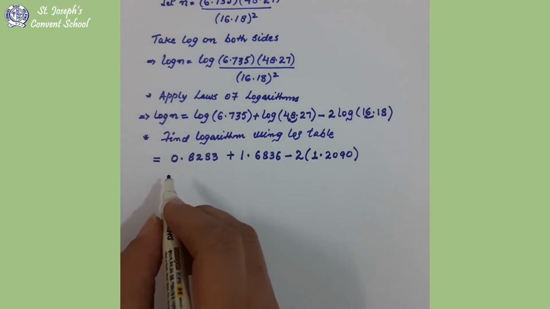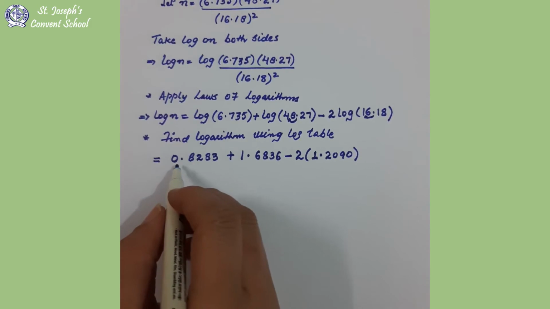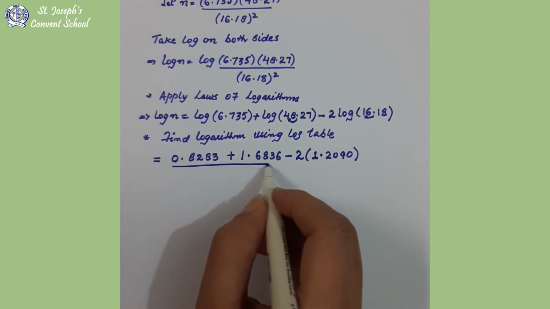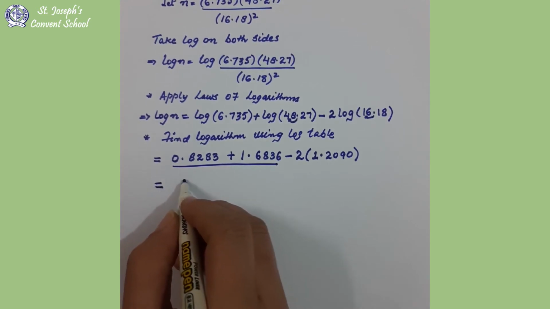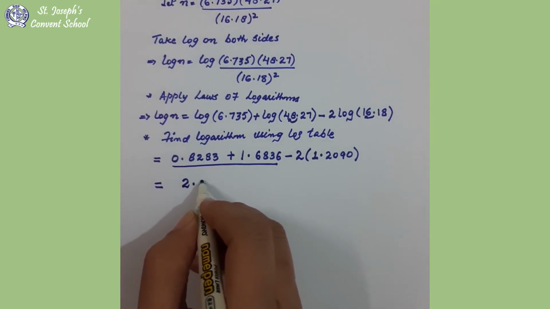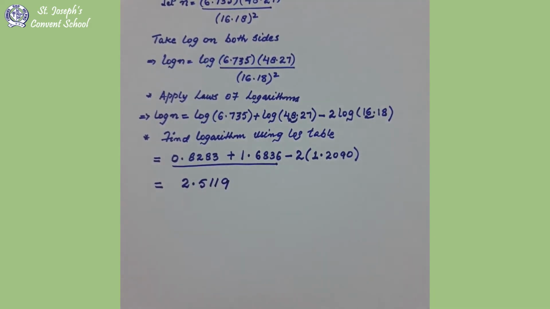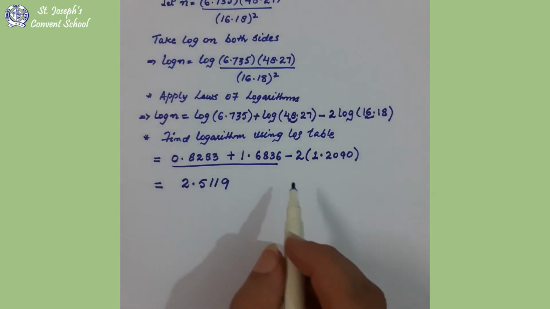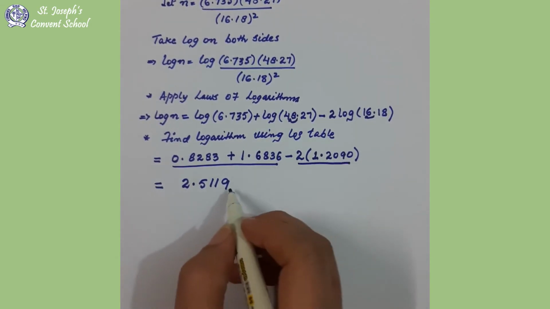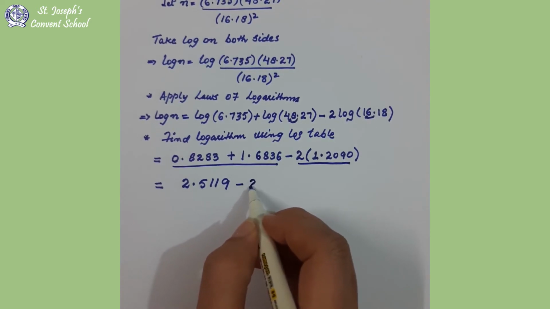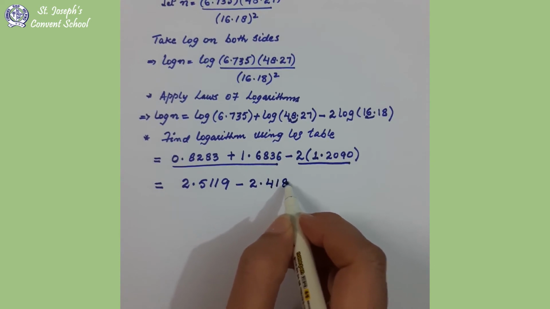Okay, now what we will do, we will add these two. There is a plus sign between them, so with the calculator you will add. So this will come 2.5119. This value will come after adding with the calculator, and this 2 multiplied by this, so you will get 2.4180.